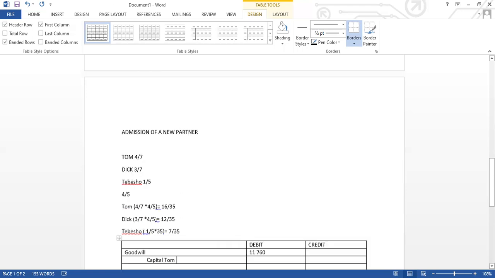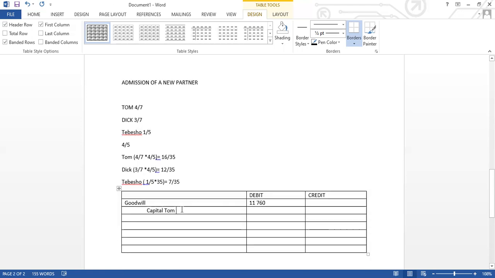That is the profit sharing ratio that we need to use. So in this case, we have 11,760 multiplied by Tom's 4/7. I hope we understand.